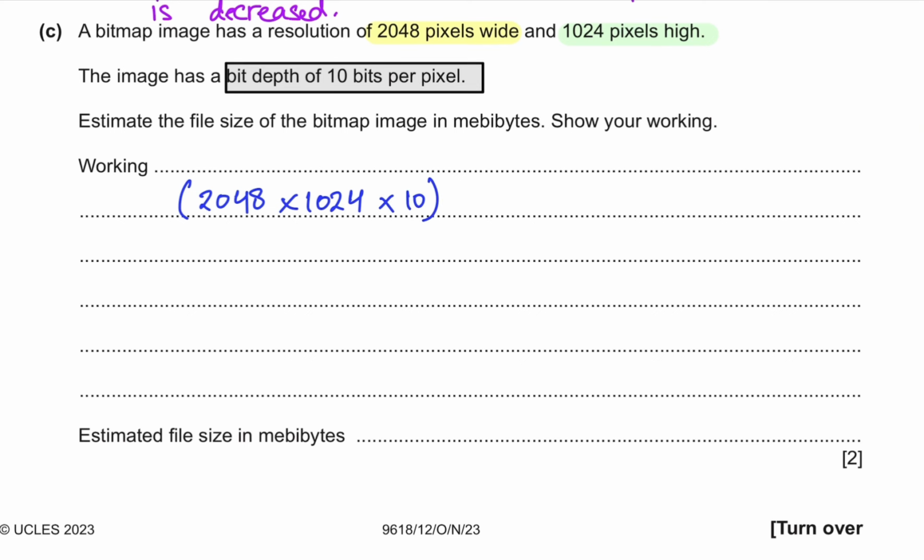Then you have to divide this by 8 because 8 bits is 1 byte, and then by 1024 times 1024 for megabytes. You have to give your answer in megabytes because it's mentioned here. The final answer you should be getting is 2.5 megabytes.